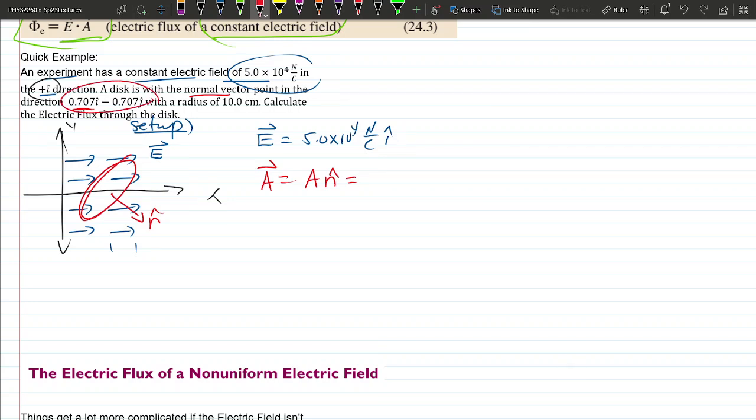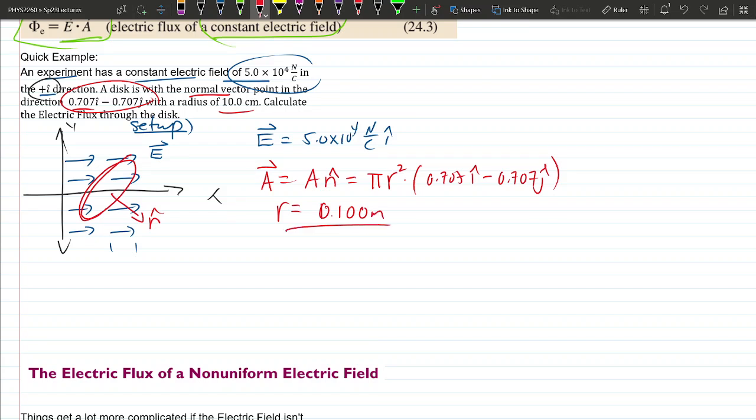The area of a disk is just pi r squared. So pi r squared, and then the normal vector here is 0.707 i hat minus 0.707 j hat. And the radius is given to you as 10 centimeters or 0.100 meter.